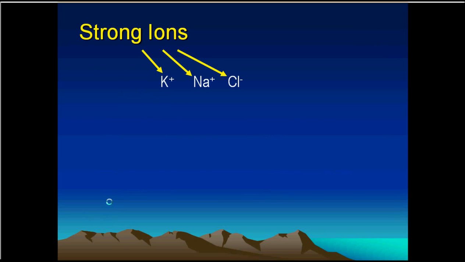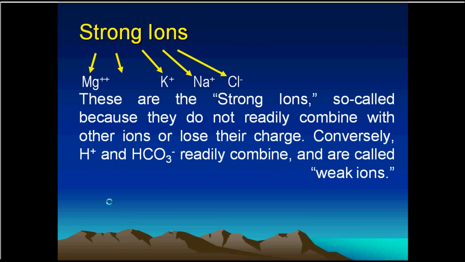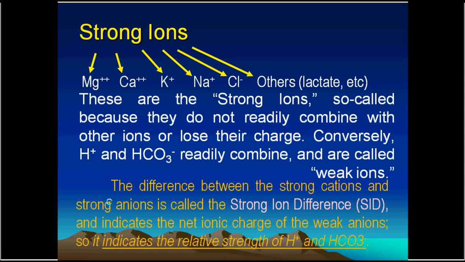Strong ion differences, when you look at this, we have strong ions and strong cations, and at the same time we have weak ions, either cations or anions. But the problem here, what's meant by strong?